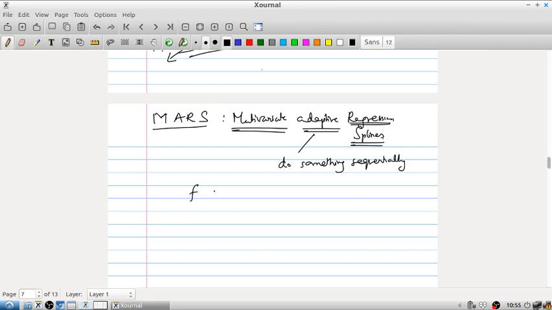So it's gonna be f of capital X as beta naught plus the sum over m equals 1 to capital M of beta m times h tilde m of x. So I'm thinking of building a model which is basically a sum of a bunch of other functions, and I'm going to define what those functions are.